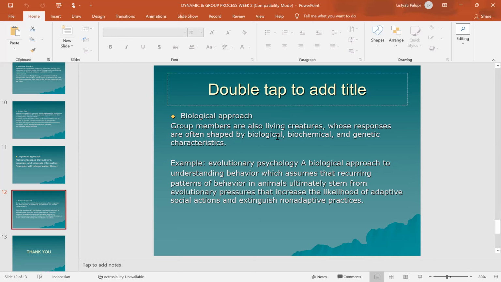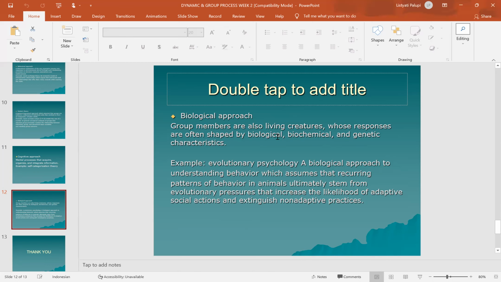So the biological approach is basically based on Darwin's evolutionary theory. That's why this perspective focuses on how individuals respond and adapt to the environment.